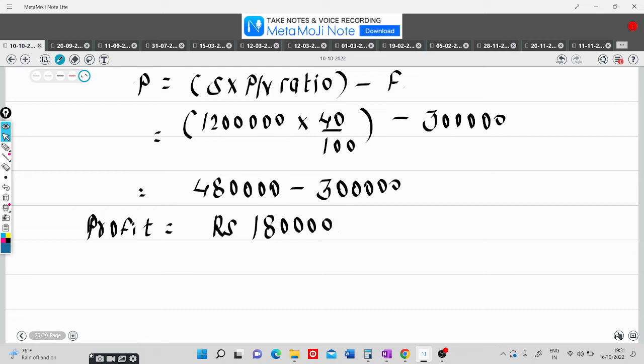So if the sales is 12 lakh, the organization will earn a profit of 1,80,000.